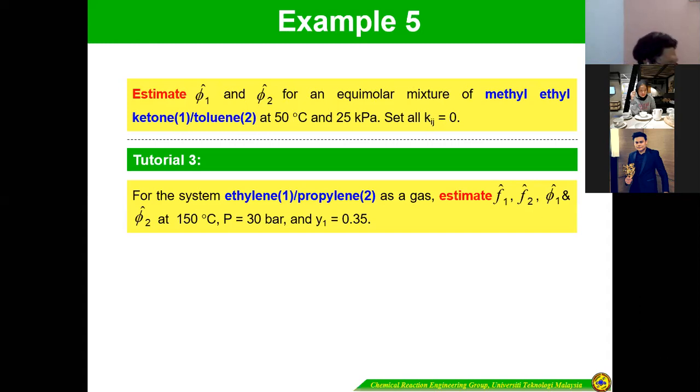Please do it, and I will call on a student who can share the answer. Which student can share the answer?